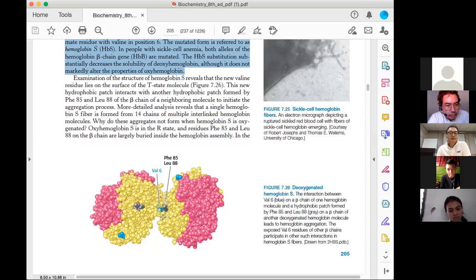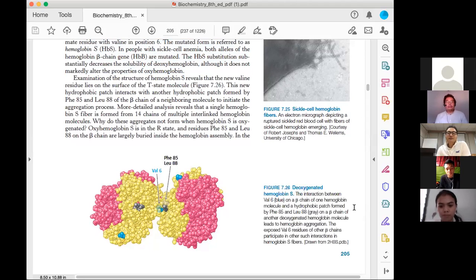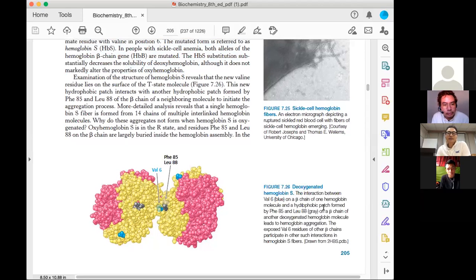If you look here, this is the hemoglobin structure. And if you see the interaction of valine 6, this is valine, one amino acid, on the beta chain of one hemoglobin molecule, with the hydrophobic patch formed by phenylalanine 85 and leucine 88, that is going to cause the aggregation of the hemoglobin.